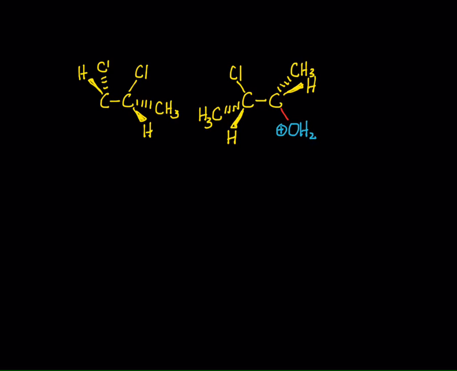And now notice my last step is certainly I have to deprotonate it. So I'm just drawing these oxonium ions again. You don't necessarily have to do that if you're writing these down. So here are my oxonium ions, and I simply deprotonate them. How am I going to deprotonate them? You should know that by now. Water is my solvent, and I can simply use water to deprotonate them.